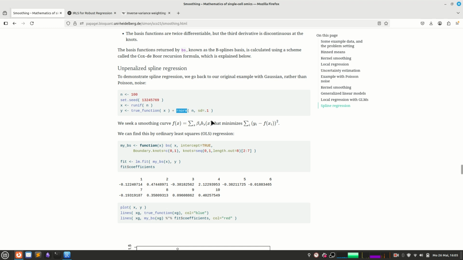And this here, bs of x, even though it's written as a function, these are actually constants, because once I have a fixed list of xi values, that's what my data is, and for each of my xi values, I can calculate each of the 9 basis functions, and so I get a big matrix which gives me the value of each basis function at the position of each x value in my data, and that gives a big matrix.